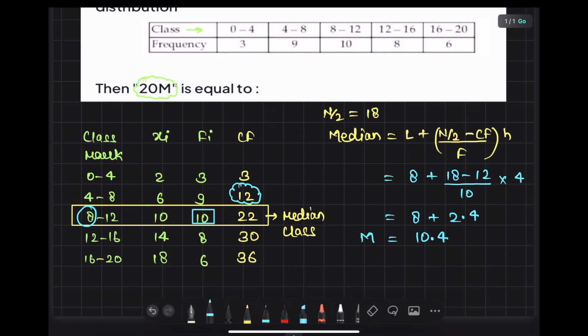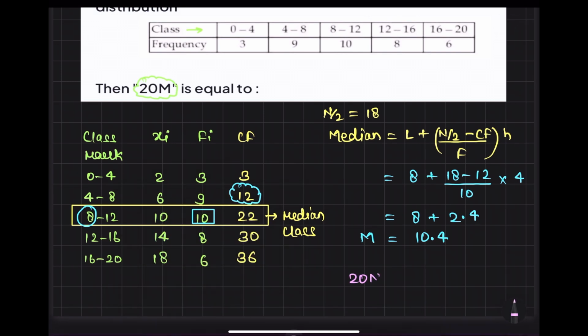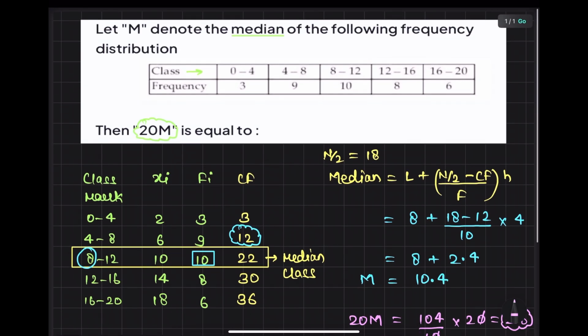I will change the color again. So we will multiply both sides by 20. So it is 208. So the required value is 208.